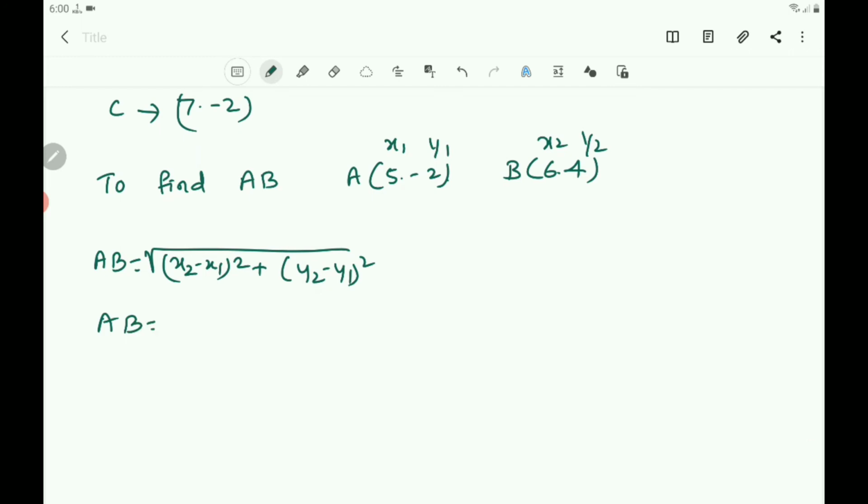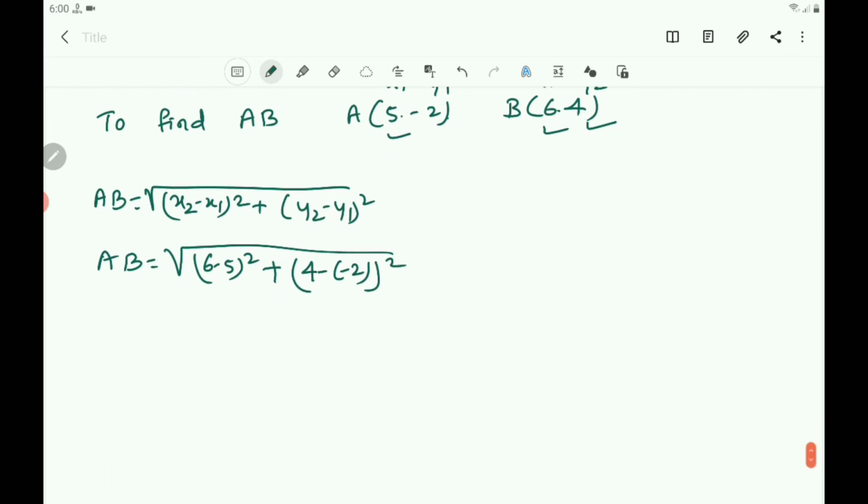AB equals whole root x2 is 6, x1 is 5, x2 minus x1 means 6 minus 5 whole square plus y2 is 4, y1 is minus 2. So that is 4 minus of minus 2 whole square.